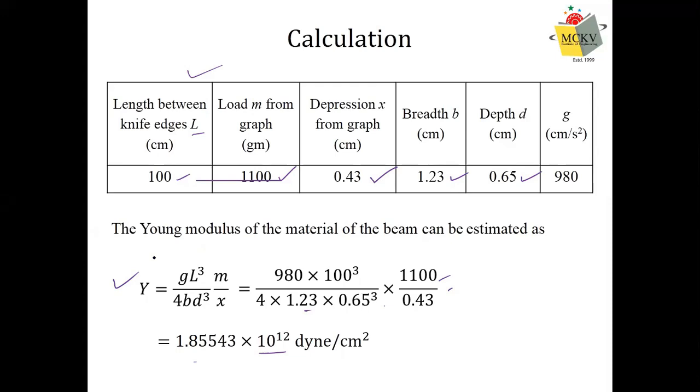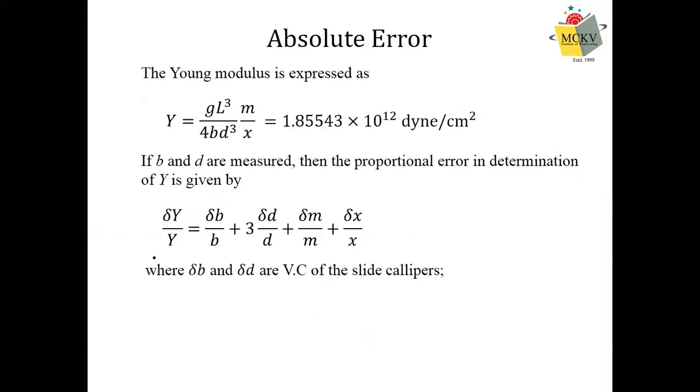Therefore, we need to find out the significant digits, and for that we require the relative error in measurement. Now, this is the expression of Young modulus, and the value is this.